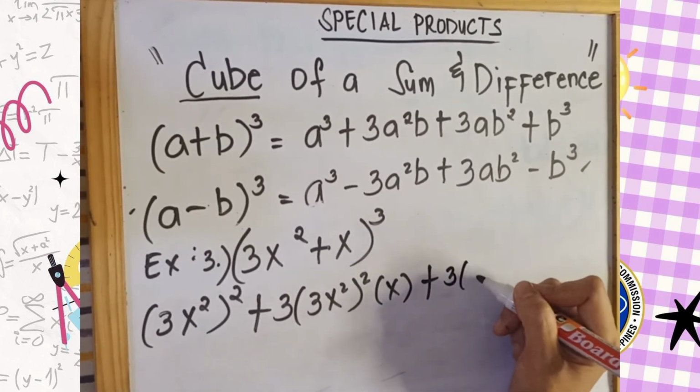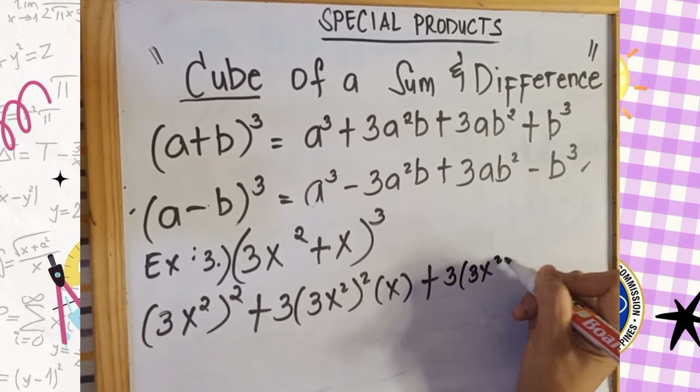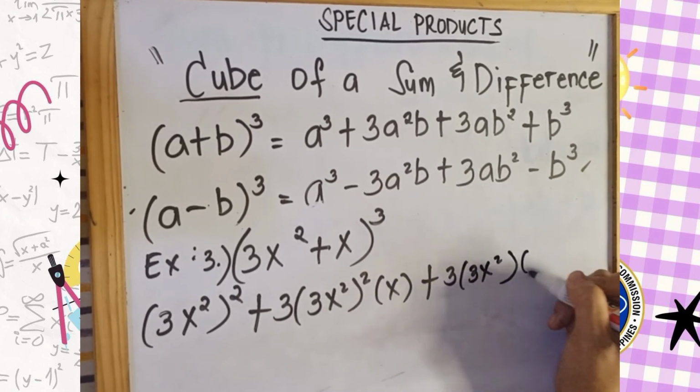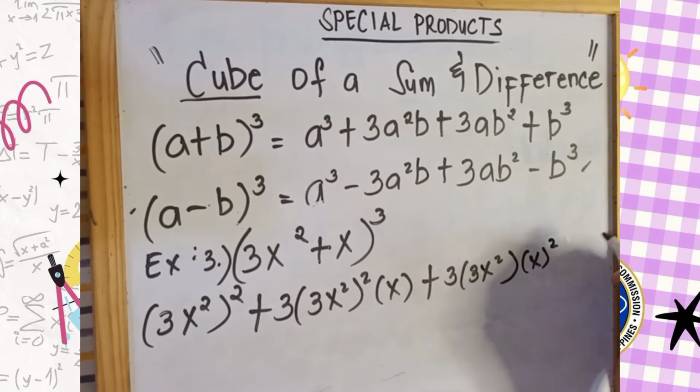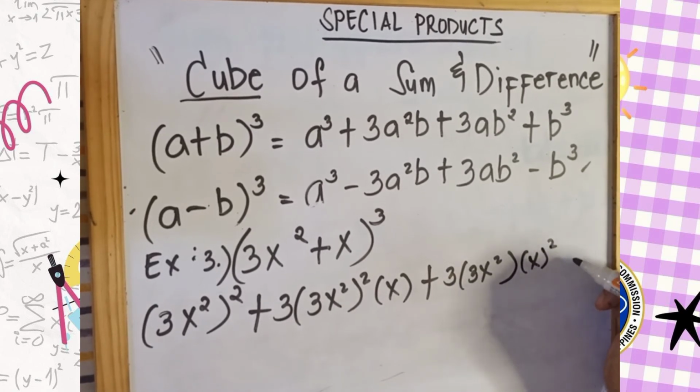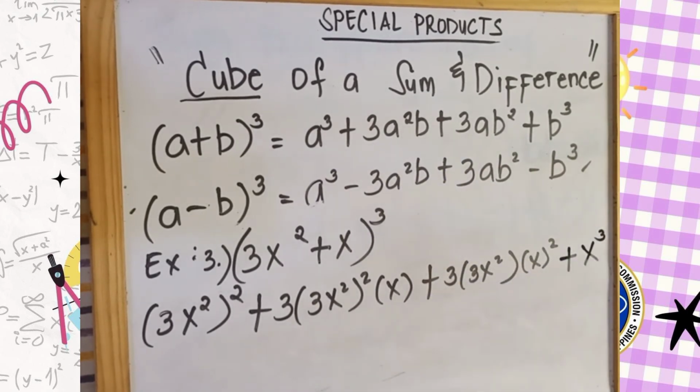So, 3 times 3x squared times x squared and then cube the last term. So, that is plus x cubed. Okay, so kabisado na ba yung formula?